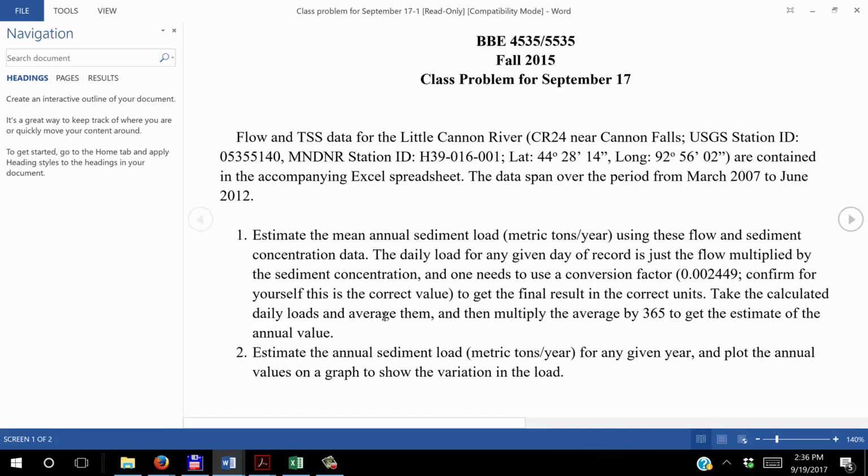We will be taking the daily load values and then average them and multiply by 365 to get the estimate of the annual value. I might have misspoken there. I think this conversion factor is to convert to metric tons per day, and then we multiply by 365 to get metric tons per year. And then we're going to estimate the annual sediment load for any given year and plot that.